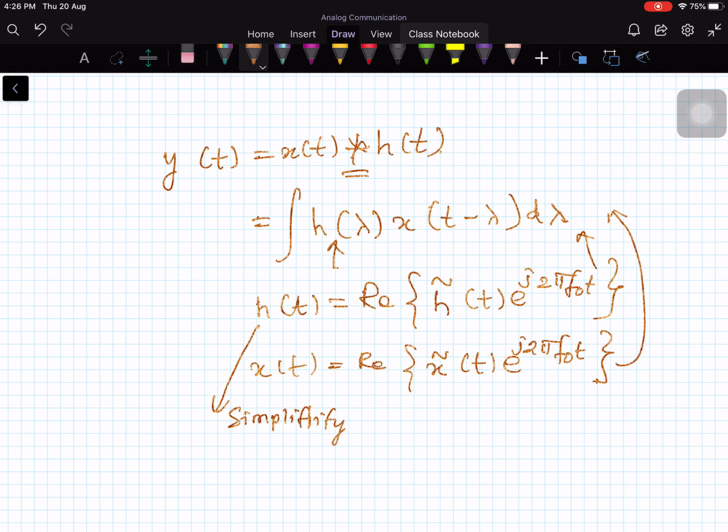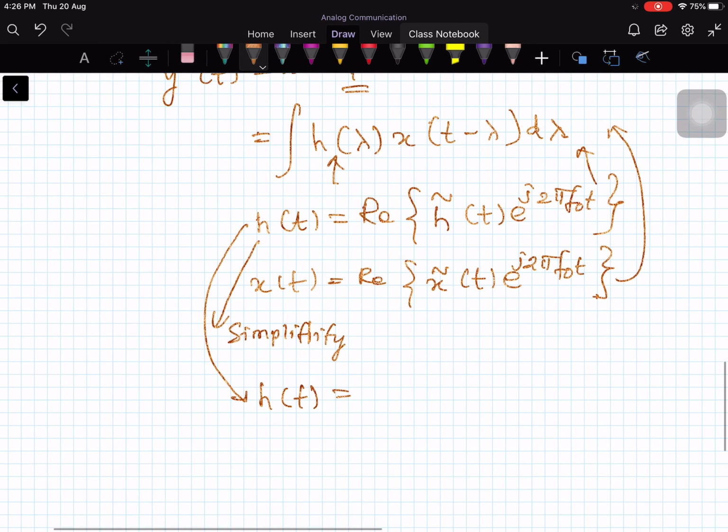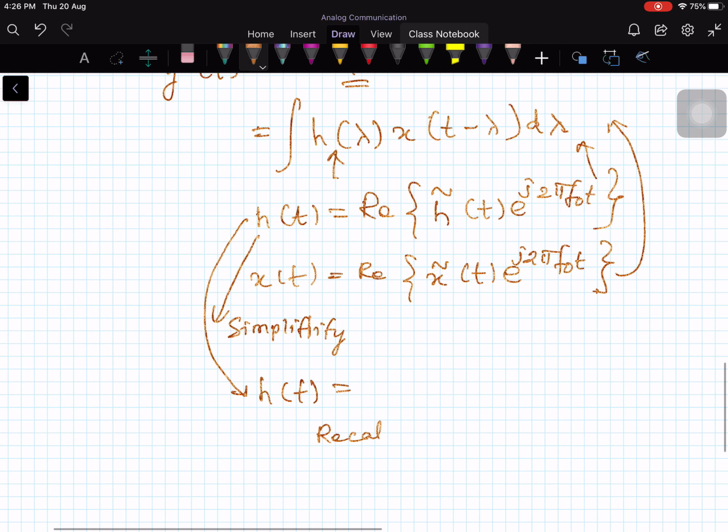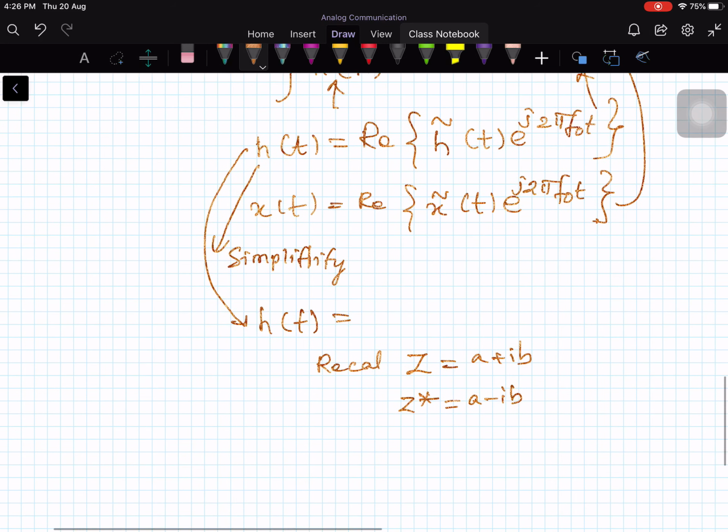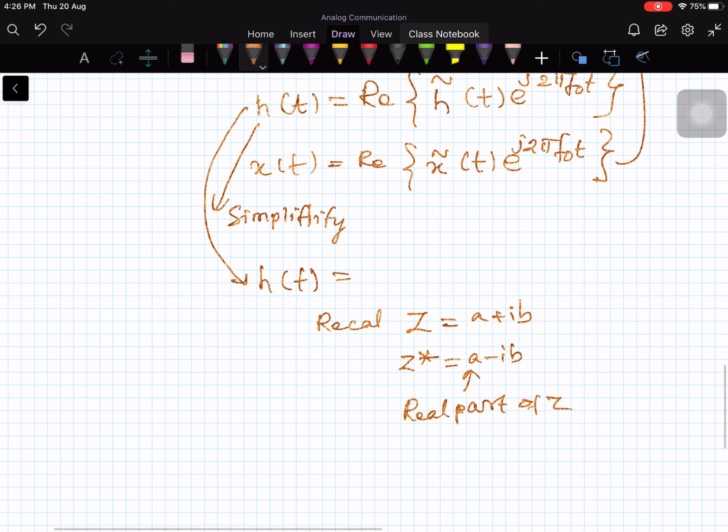How can I write h of t from this expression? Recall, if you have a complex number, let's say z equal to a plus ib, what is its complex conjugate? Z star equal to a minus ib. Now what is a? a is the real part of z. So how do you find the real part of z? Real part of z is z plus z complex conjugate by 2, isn't it?